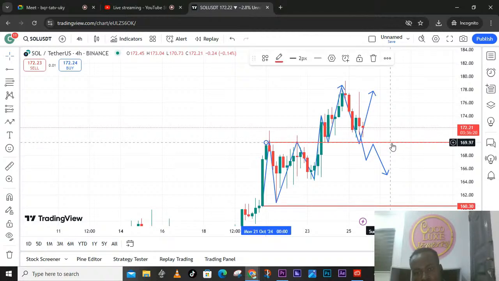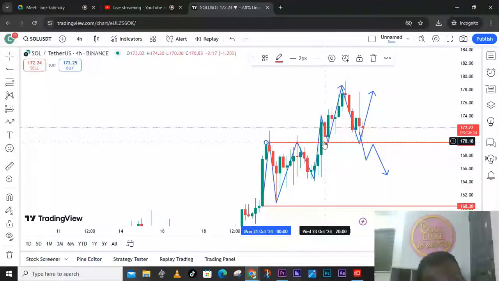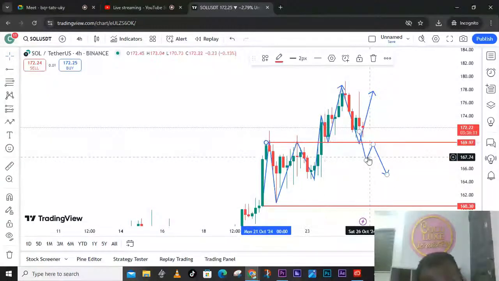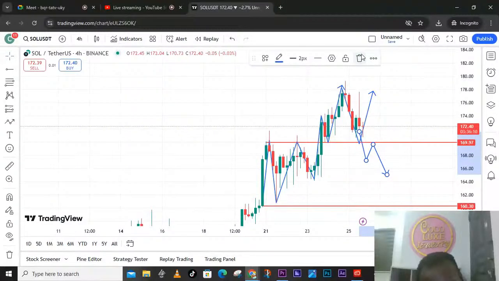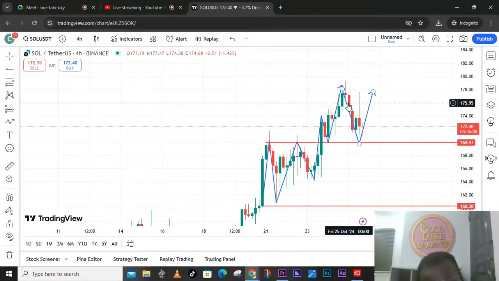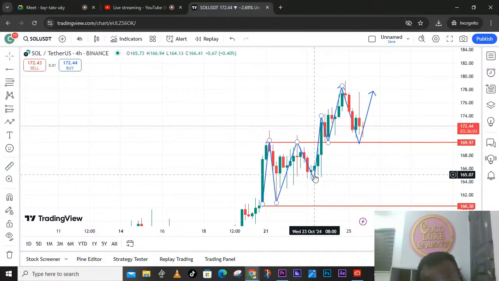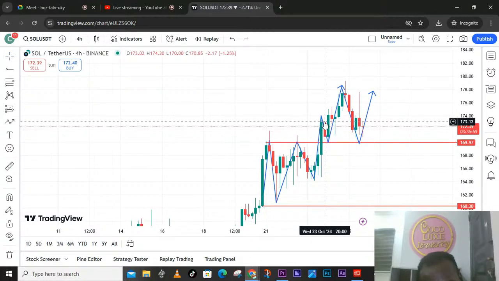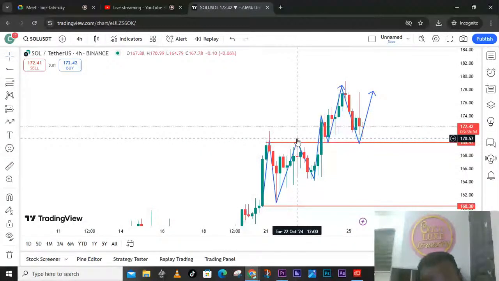Which resistance zone? That triangular pattern, I don't know, like that edge there. Hold on. Is it here? Yeah, after it broke the high of the week. Is it this one? No, like the other high. This one?